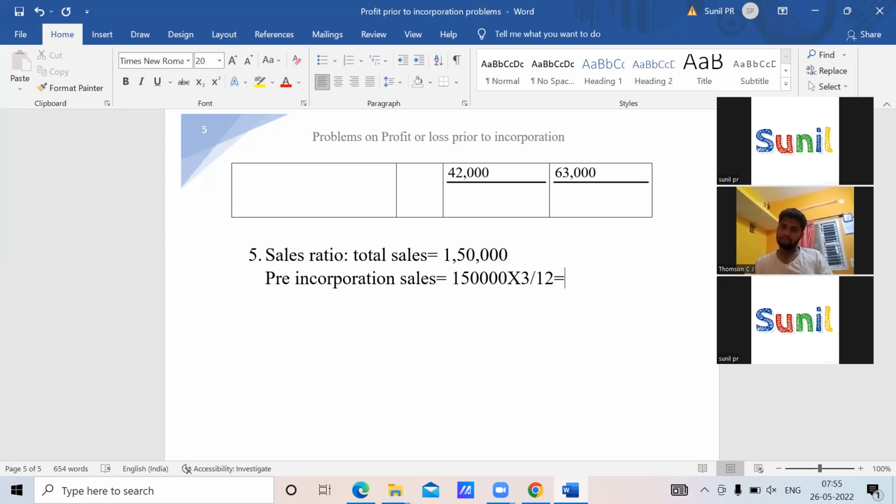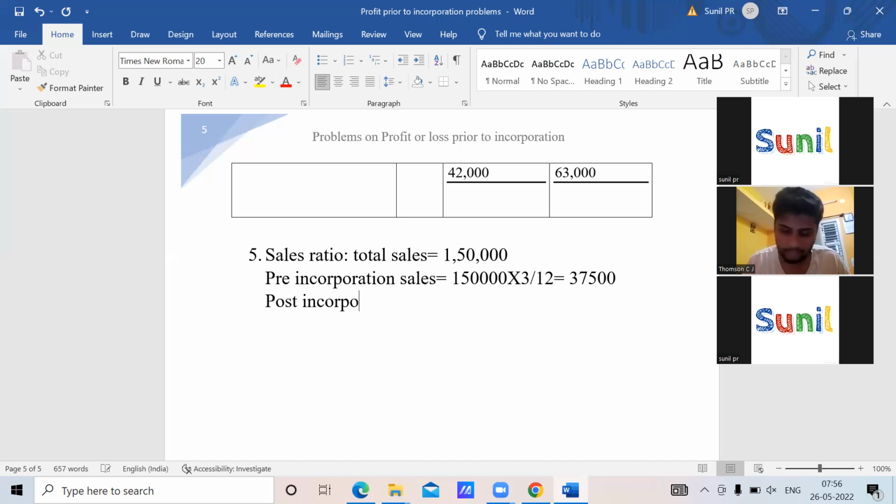Okay, what is the time ratio? 1:3, correct? Yes, sir. So 3:9, and 3 plus 9 will be 12, sir. So 1,50,000 into 3 by 12 is 37,500, sir. Then we'll do the post incorporation.